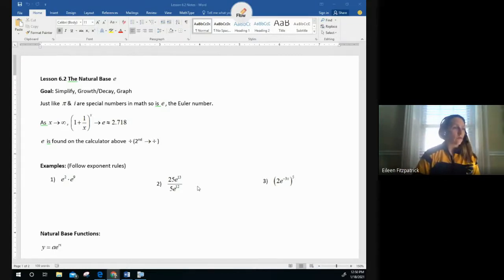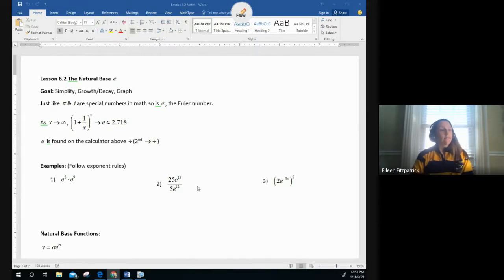All right, so first off, just like pi and I are special numbers in math, so is E. It's known as Euler's number. Pi we know is approximately 3.14. We use that a lot in geometry class. We learned this year that the imaginary number I is equal to the square root of -1.